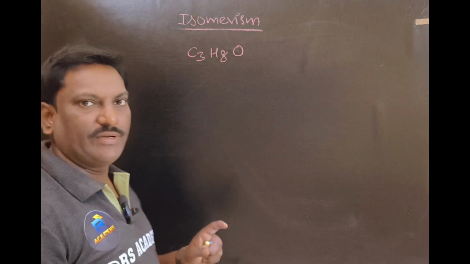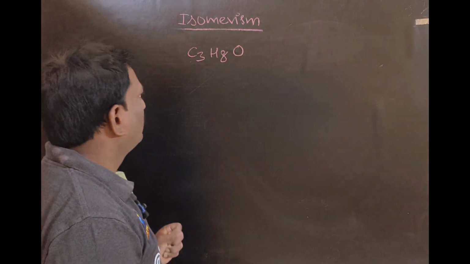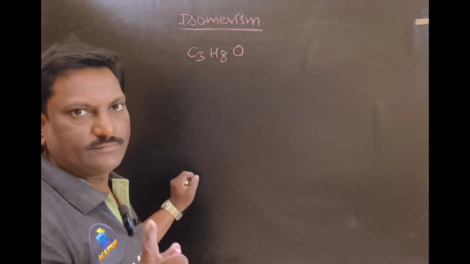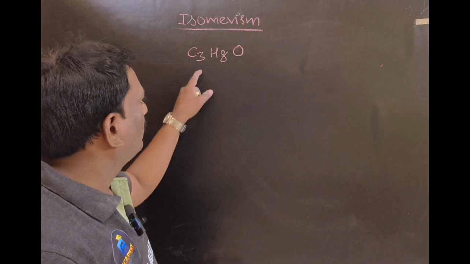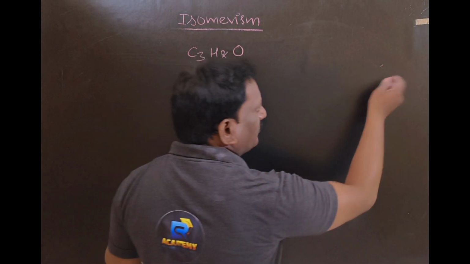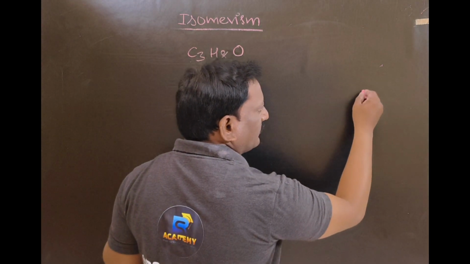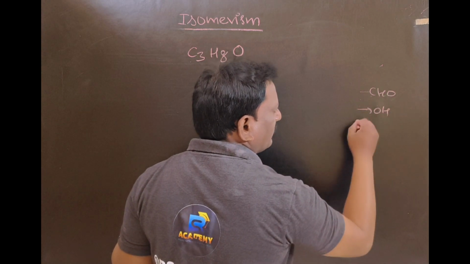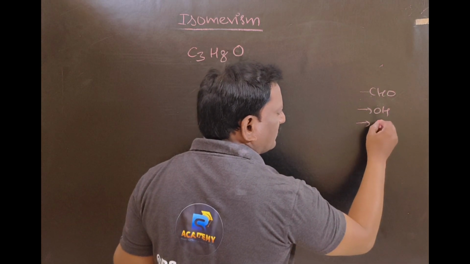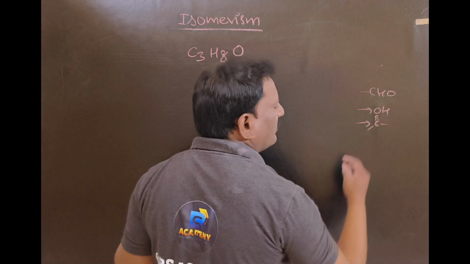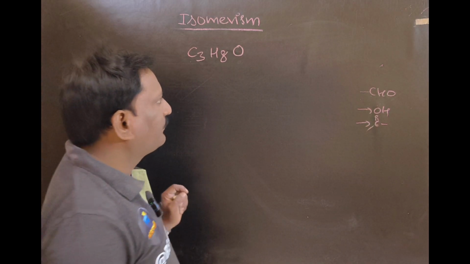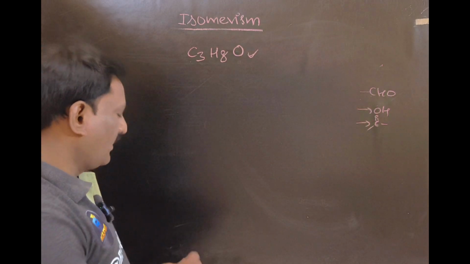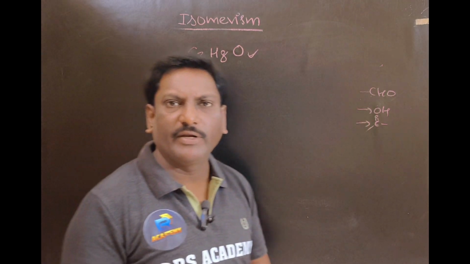Next one, C3H8O. This is the given chemical formula. Right. How many oxygens are there? 1. So possible functional groups: aldehyde has 1 oxygen atom, alcohol and ketone also have 1 oxygen atom, but it's only applicable to alcohol. Alcohols can be converted into ethers.